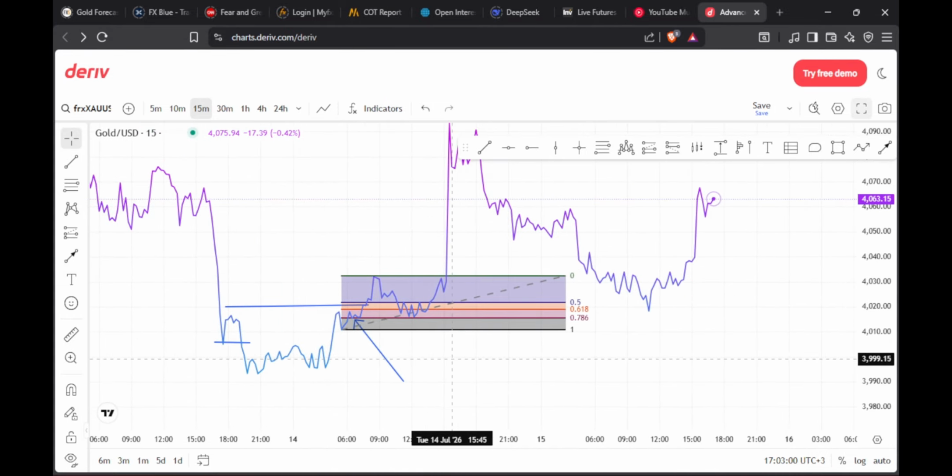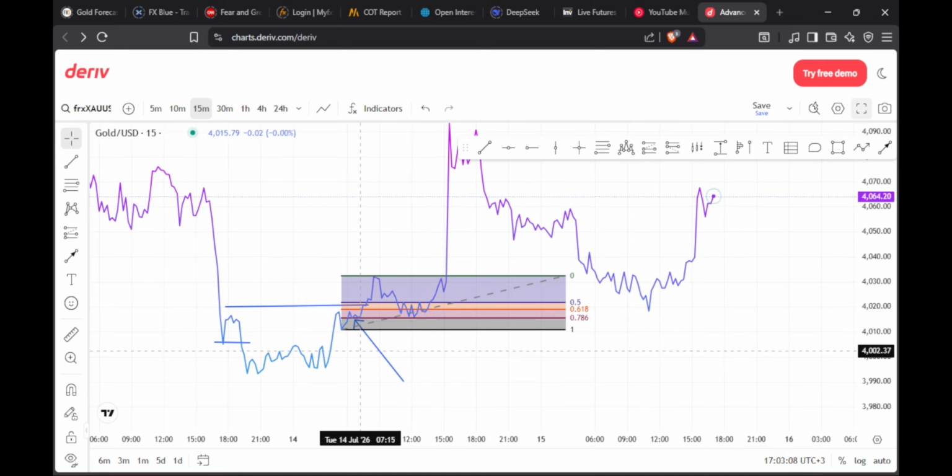As you can see, we had a slightly small move up here, so after the entry you could have put your trade to break even, so that if the market goes against you, you don't have to worry much.